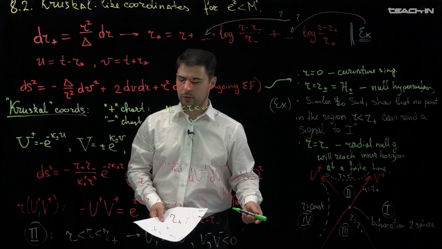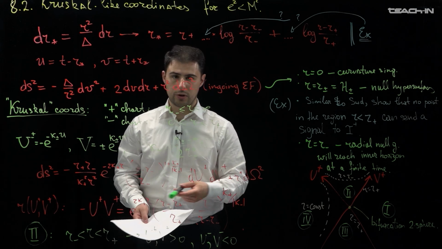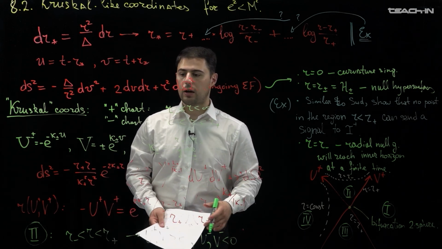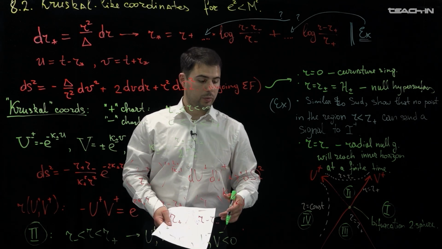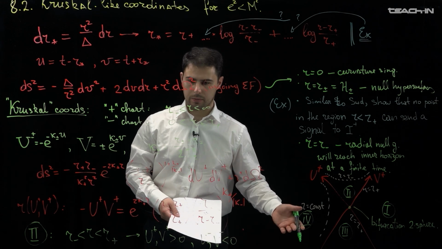So in other words, in the minus chart, the region 2, that is the region between the two horizons, will be a white hole region in the Kruskal diagram.